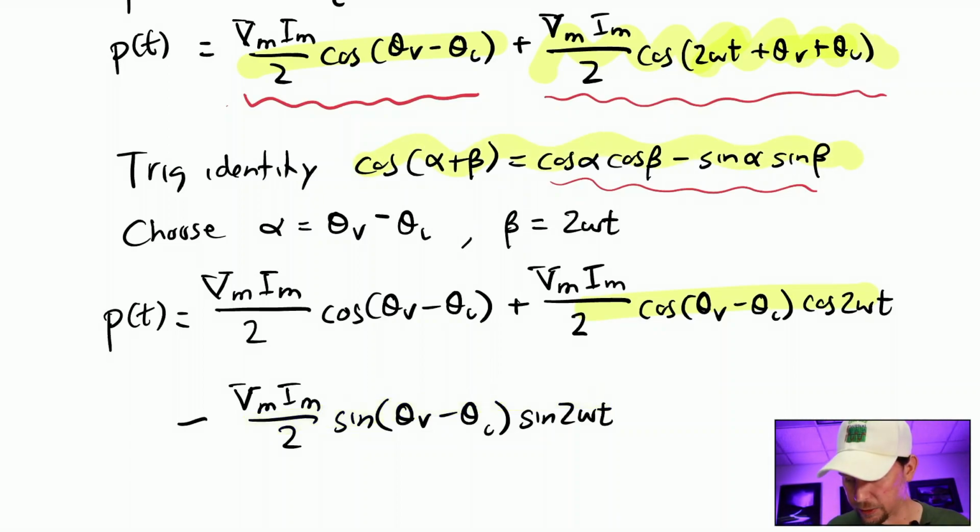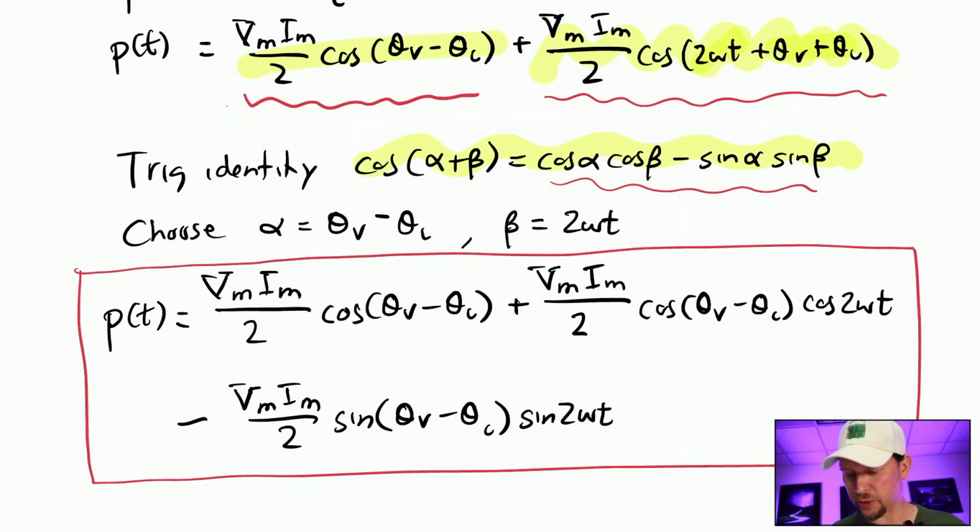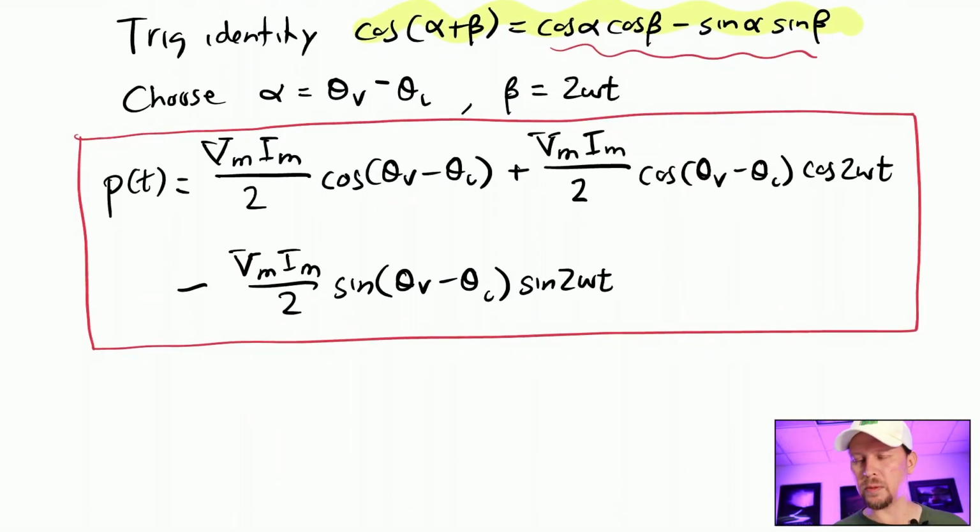This is what I wanted to get to. This is another equivalent way of computing power for sinusoidal systems. In the next section, what we're going to do is concentrate on each one of those terms separately because they each have a separate interpretation as to what is actually going on in terms of the power being either absorbed or delivered by our system.